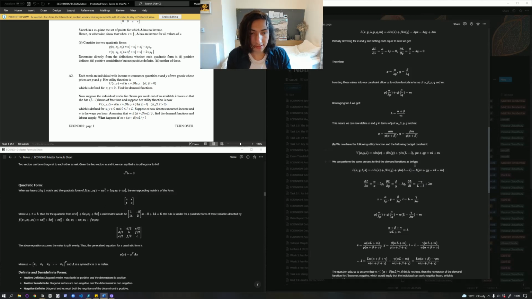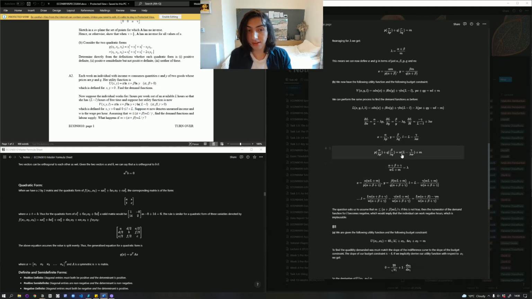Performing the same steps, you can see that we've performed the Lagrangian. We partially differentiate with respect to x, y, and L now, because remember we're looking at hours worked per week as well. We get these in terms of the constants and lambda, and then we're looking to find a value of lambda as well. So we reinsert these values into our budget constraint, get a value of lambda out of it, and then reinsert that value of lambda back again.